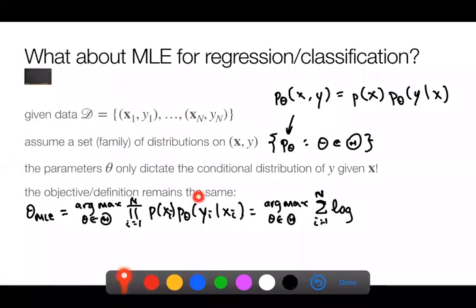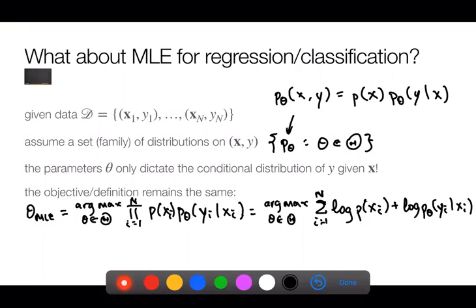Log of this thing, but this thing itself is two things multiplied together. So when I take a log, I get log of this plus log of that. So I get log p of xi plus log p theta of yi given xi.